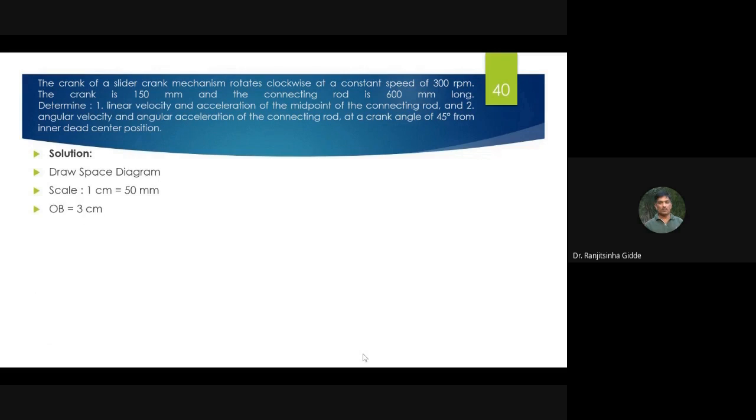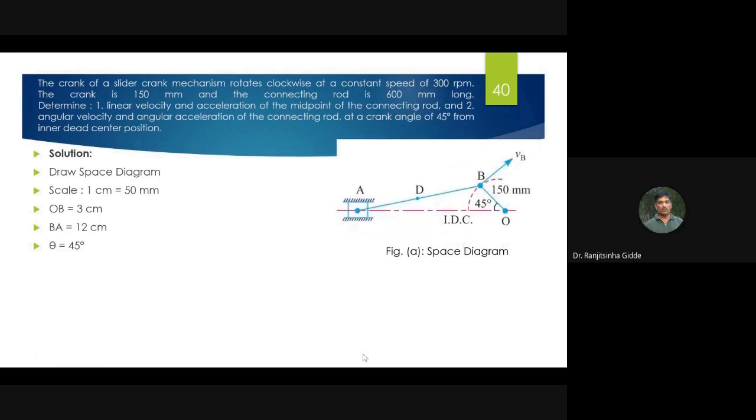the space diagram that we have drawn with the scale 1 centimeter is equal to 50 mm. So this is the space diagram. Then we have written N_BO, that is the speed of crank, is equal to 300 rpm.